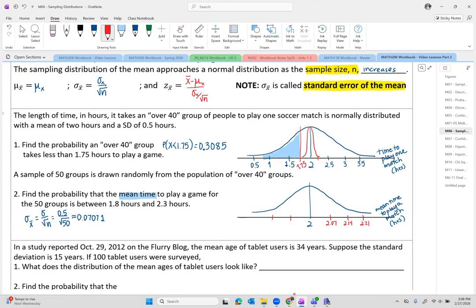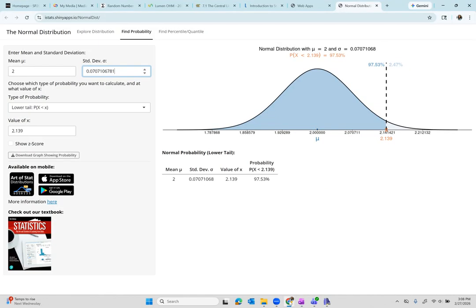And 1, 2, 3 tick marks to the left, and it will be 1.93, 1.86, and 1.79. Let me double check that these are correct values. Yes, they are correct values.